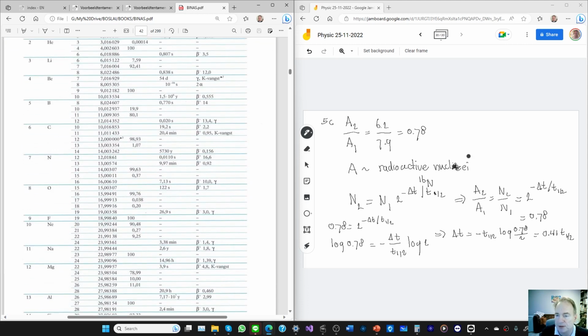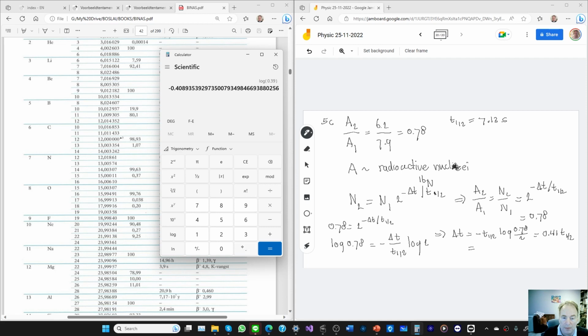T 1/2 is actually 7.13 seconds. Okay. So delta T equals 2.9 seconds.